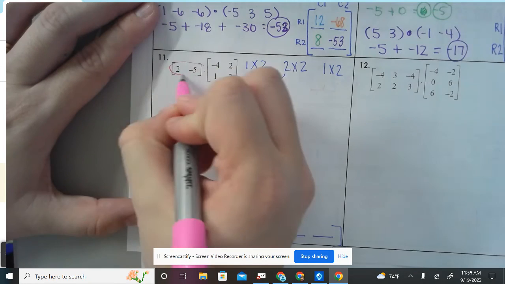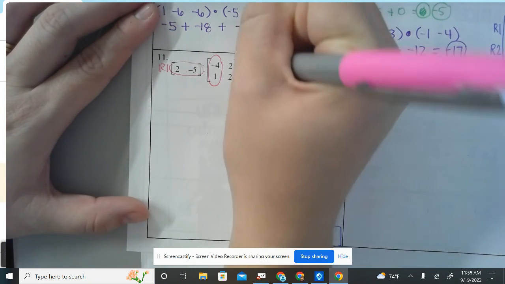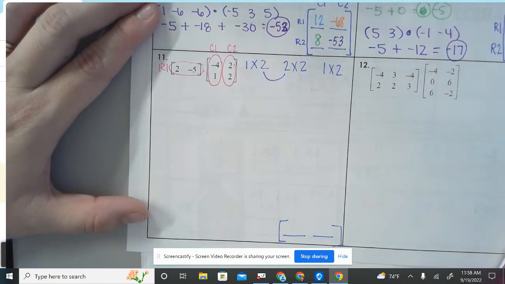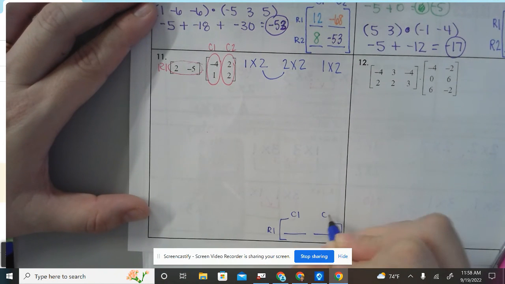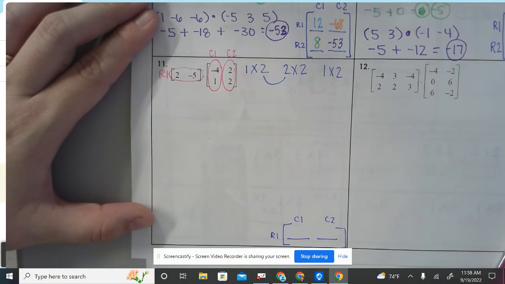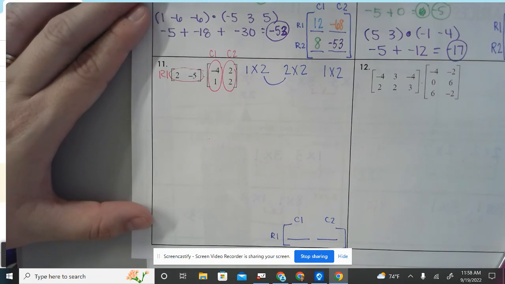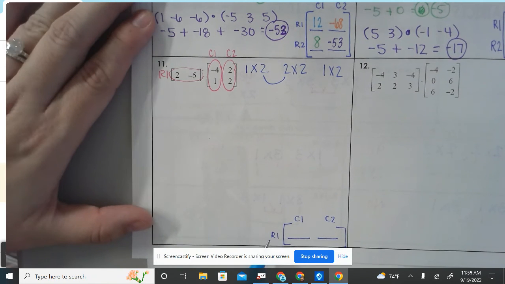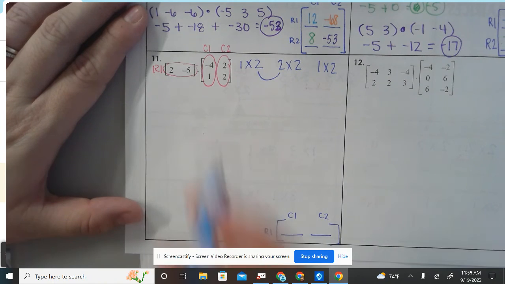So the rows in the first one, label that. Columns in the second one. And I label down here. So my first dot product, I'm taking row 1 and column 1.